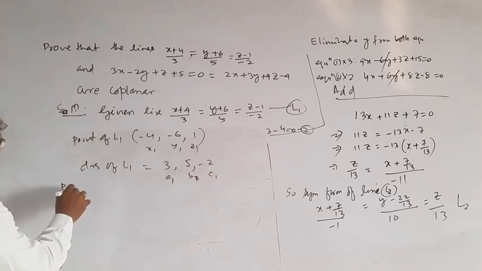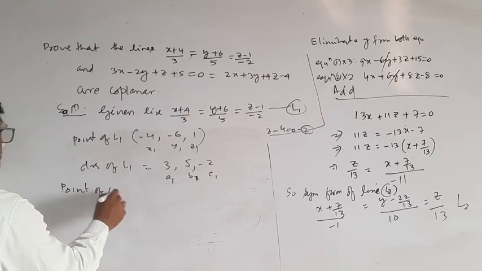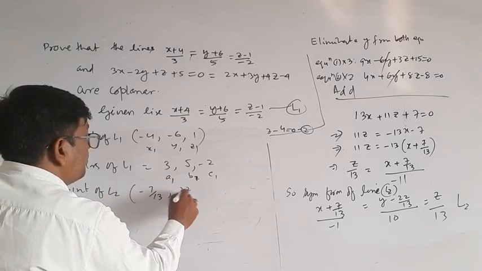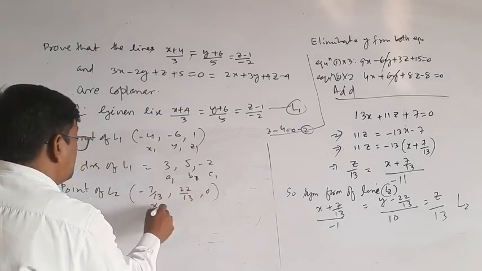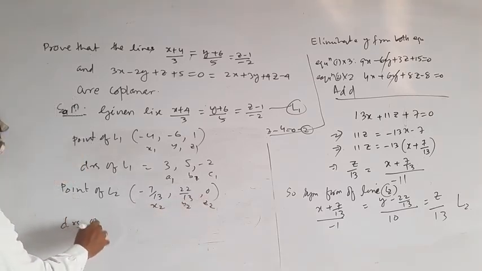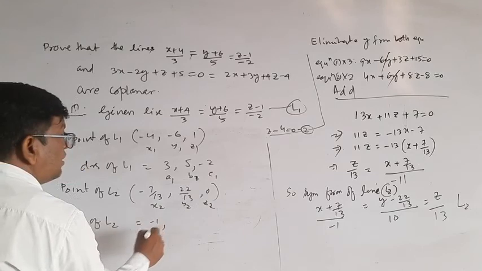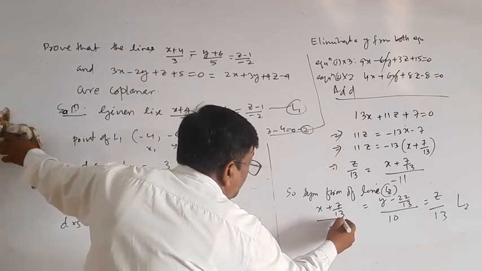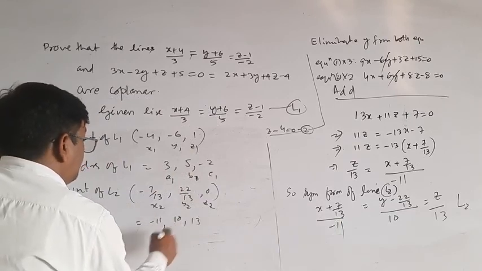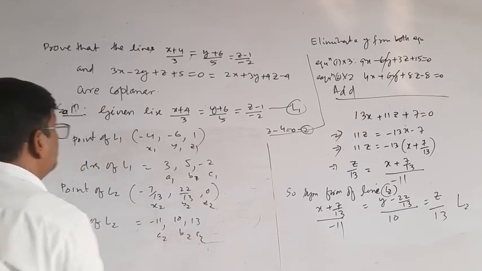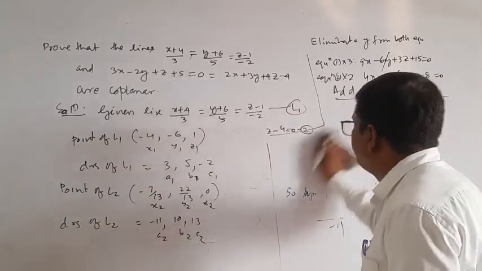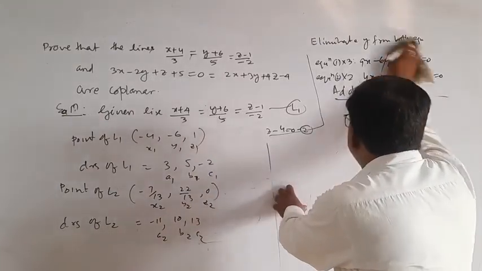The point of L2 is (-7/13, 22/13, 0), that is x2, y2, z2. And the DRs of L2 are -11, 10, 13, that is A2, B2, C2.